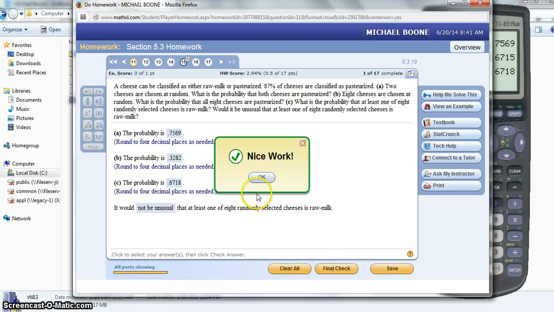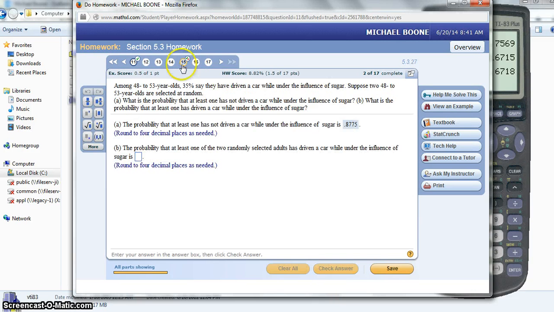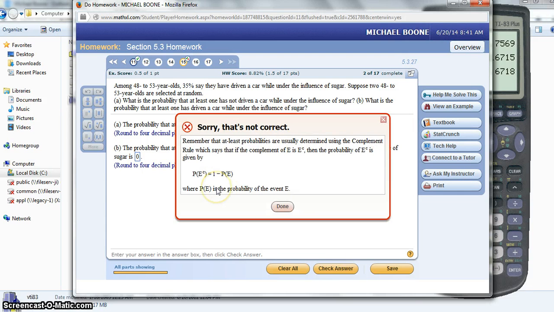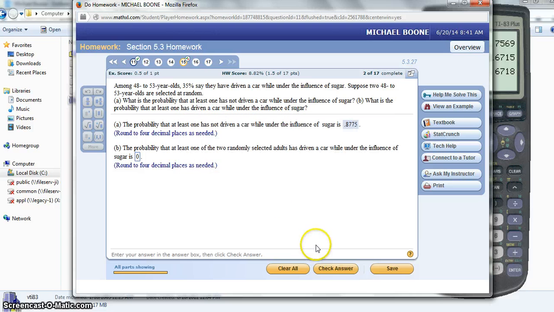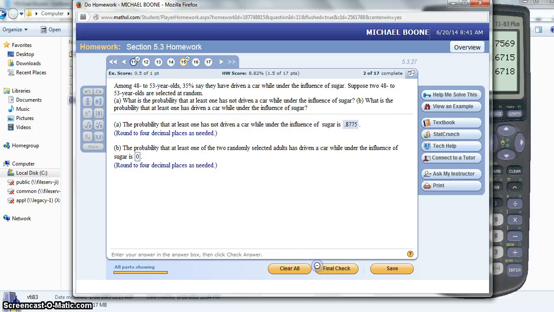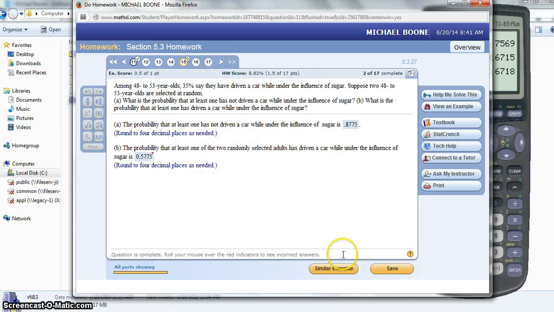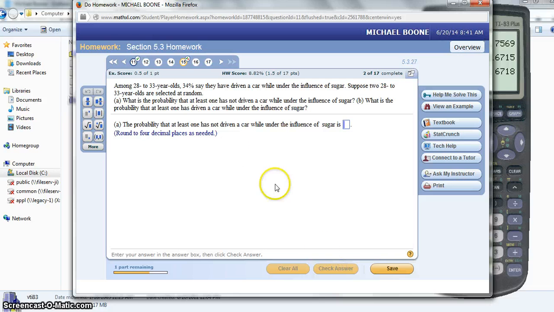So let's jump over to 15. Let's just start over. Okay, similar exercise. The probability that at least one has not driven a car.